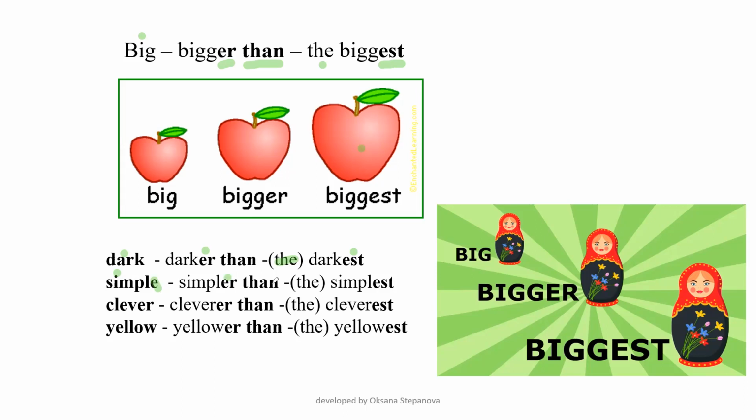We just add simpler than, and the simplest. Clever. In clever, we have two syllables. However, we still add suffix er. If you're not sure when we add suffix er, just use your dictionary or just Google, or ask your teacher, another option, if you have a teacher. Cleverer than. The cleverest.